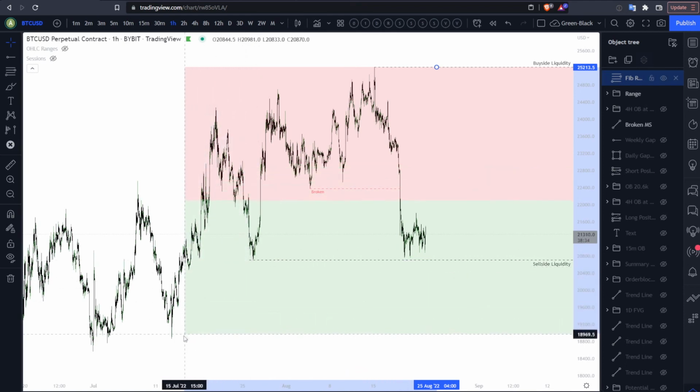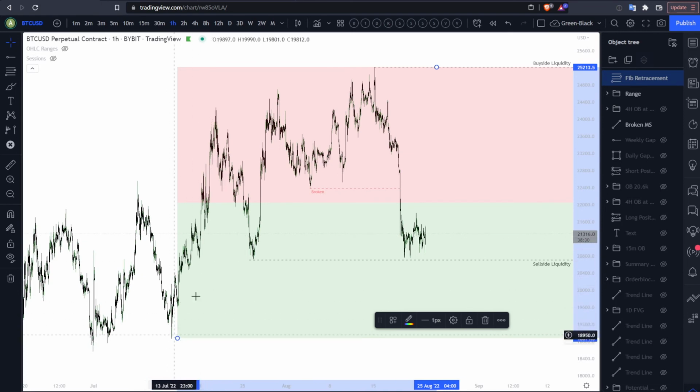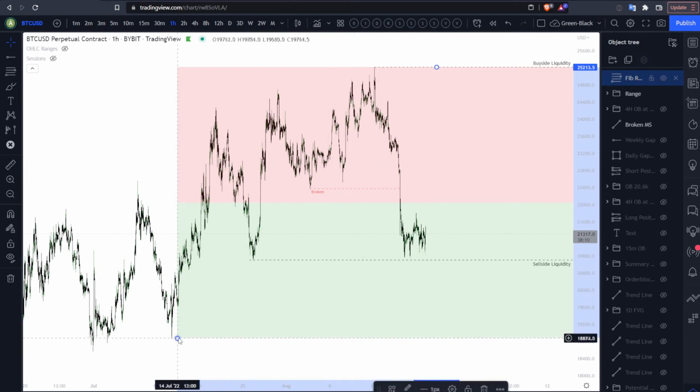But also if we are looking at other ranges from lower highs, lower lows, then we are also already in the discount territory. So I would anticipate some sort of retracement higher before continuation down. So something like this overall.